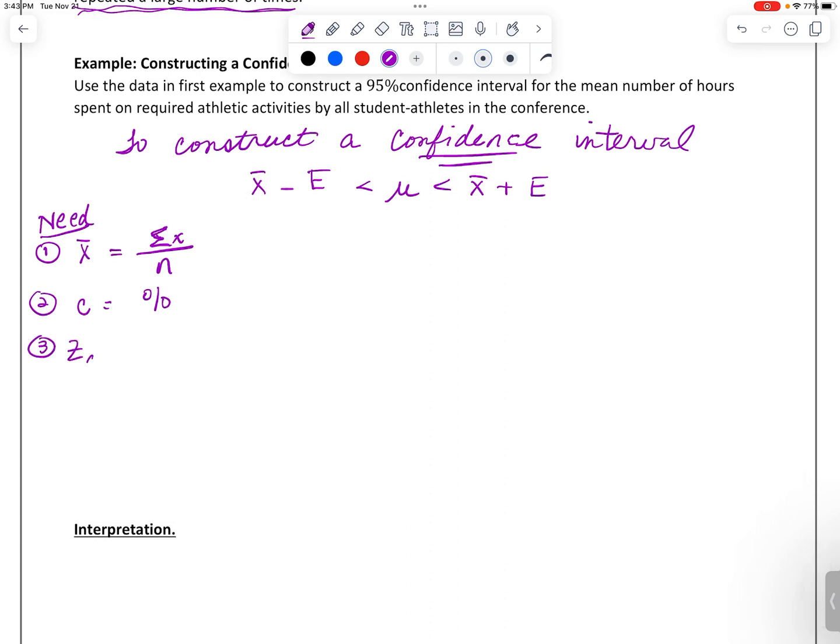From c, you need the ZC, which again, this is going to be from the table. You then need to find E. E is what we just found, which says take your critical value, multiply that by your population standard deviation, divided by the square root of n. And then the last thing you're going to do is create the interval.